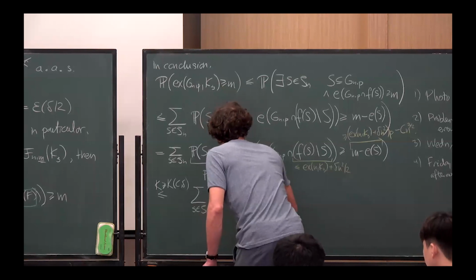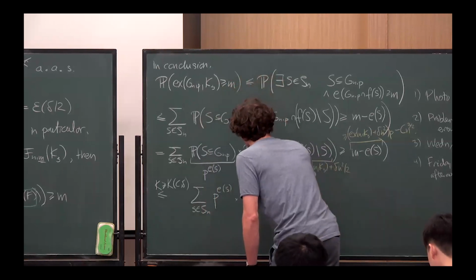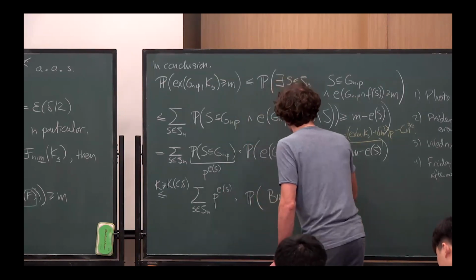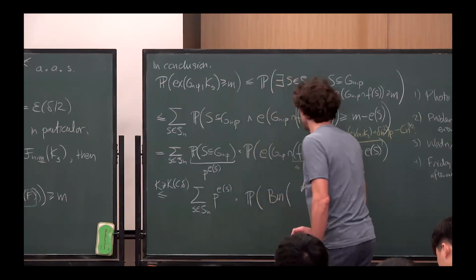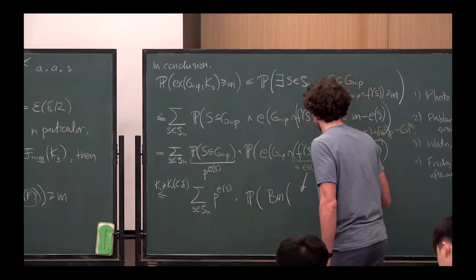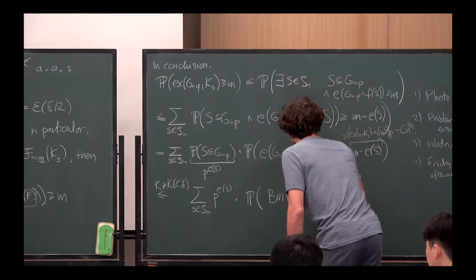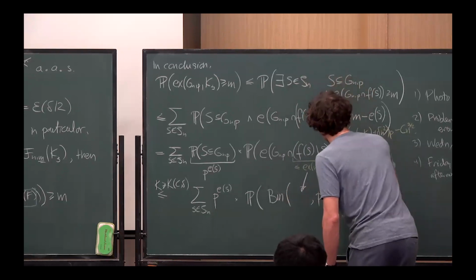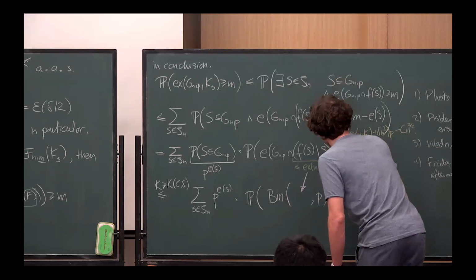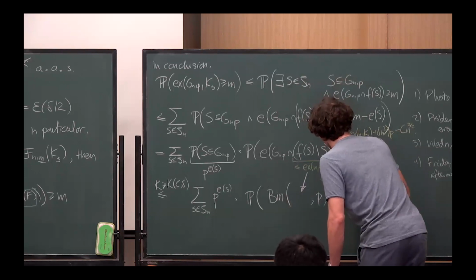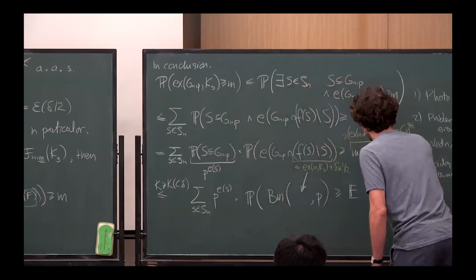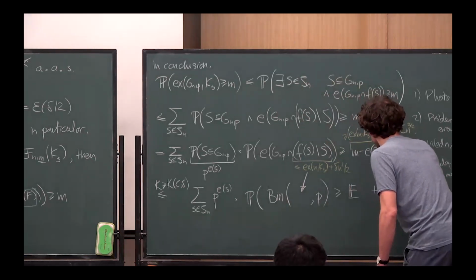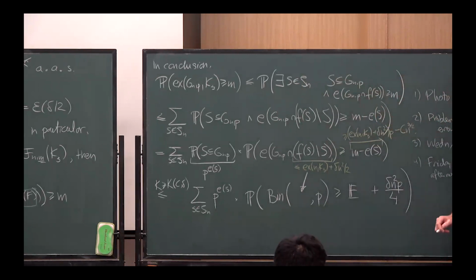now the probability that a binomial random variable with this many trials and success probability p is at least its expectation plus, let's say, delta n squared p over 4.